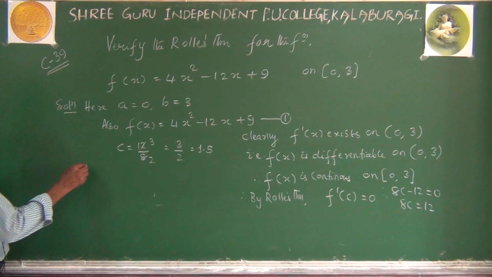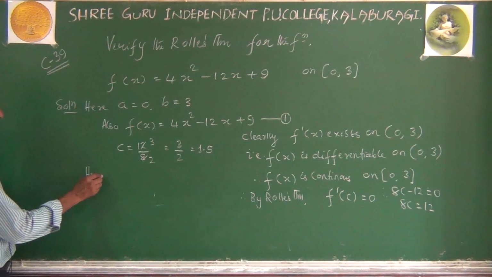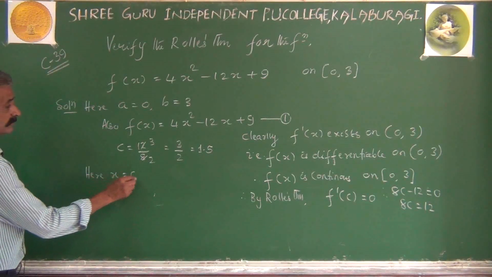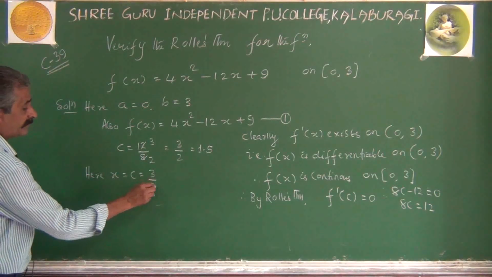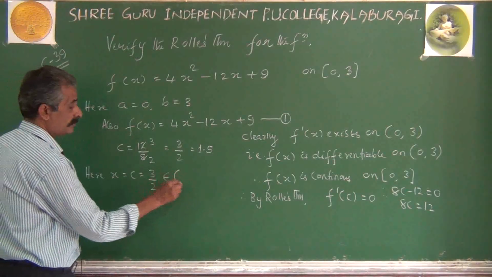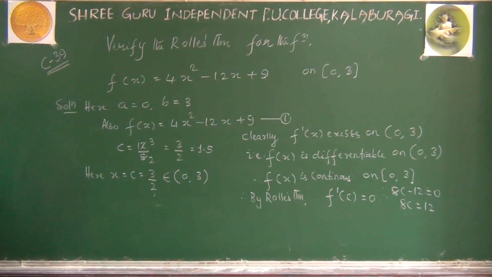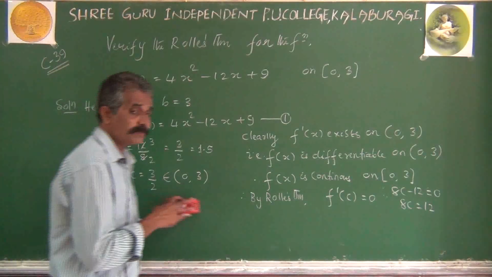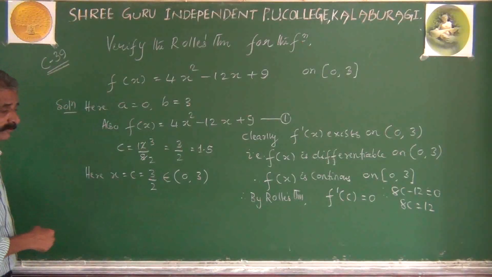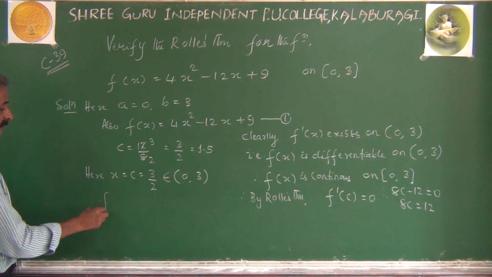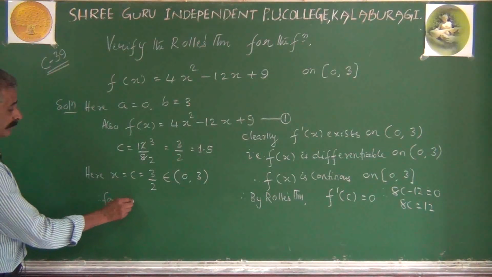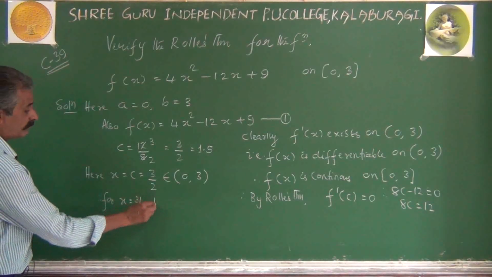Here, x equals c equals 3 by 2 belongs to the open interval 0, 3. That means for this value of x, Rolle's theorem is verified. Therefore, for x equal to 3 by 2, Rolle's theorem holds.